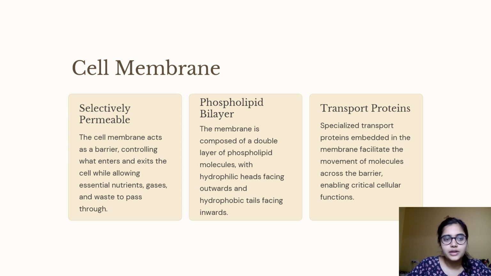Coming to the cell membrane, a selective membrane. The cell membrane acts as a barrier controlling what enters and exits the cell, while allowing essential nutrients, gases, and waste to pass through.